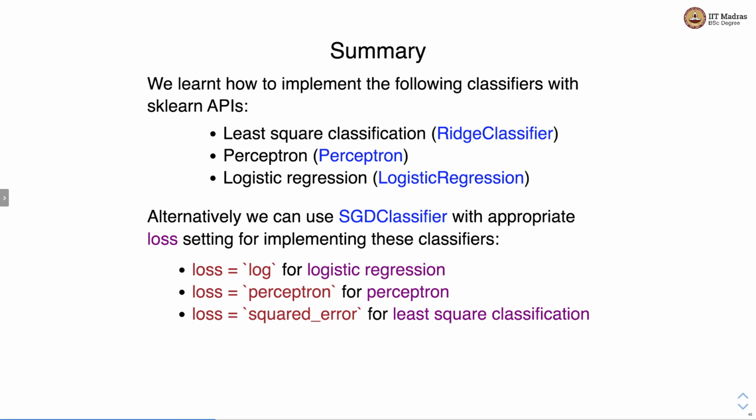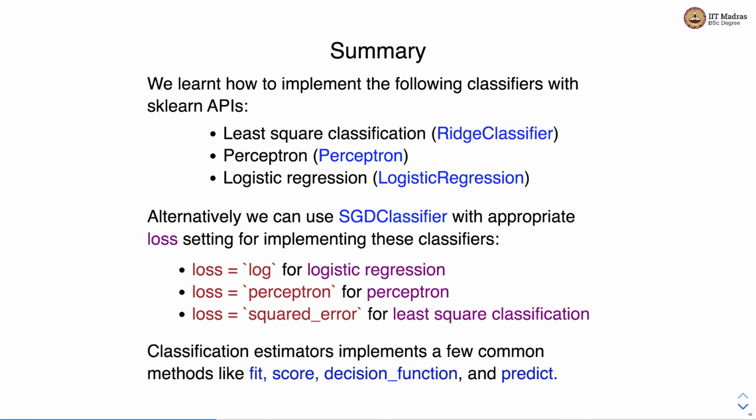For example, we can implement a logistic regression classification model with the loss equal to log. We can implement Perceptron classifier by setting the loss equal to perceptron, and we can learn least square classification model by setting the loss to squared_error.